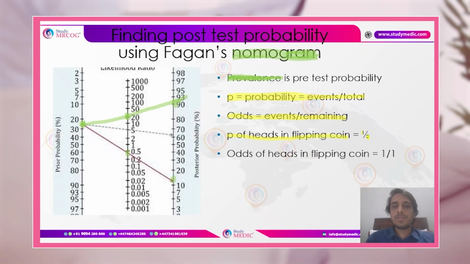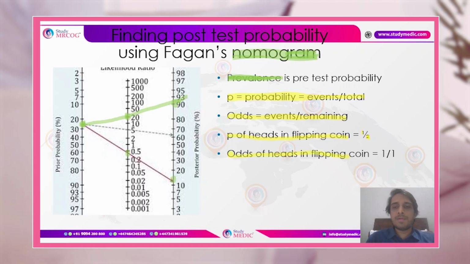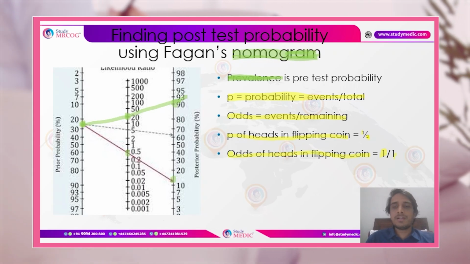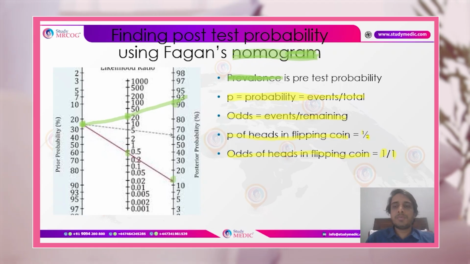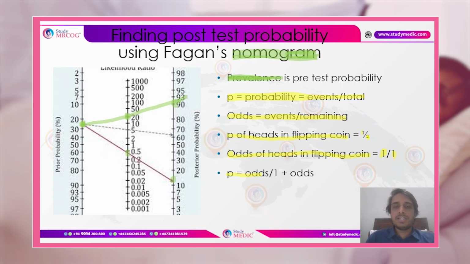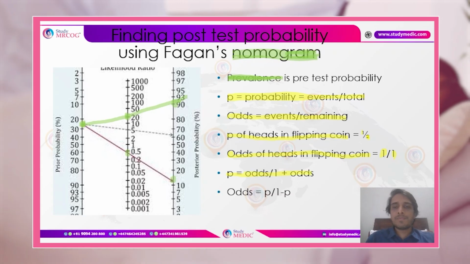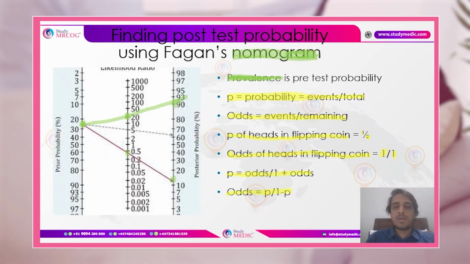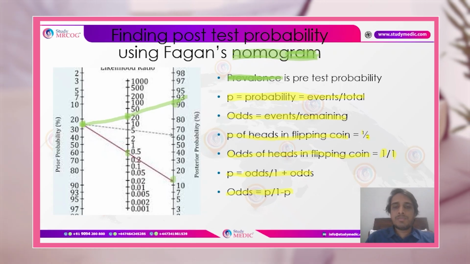Whereas the odds of heads in flipping a coin is 1, and the remaining, tails, is 1. This is the difference between odds and probability. Now the relationship is probability is odds by 1 plus odds, whereas odds is probability by 1 minus probability. These concepts we can use.